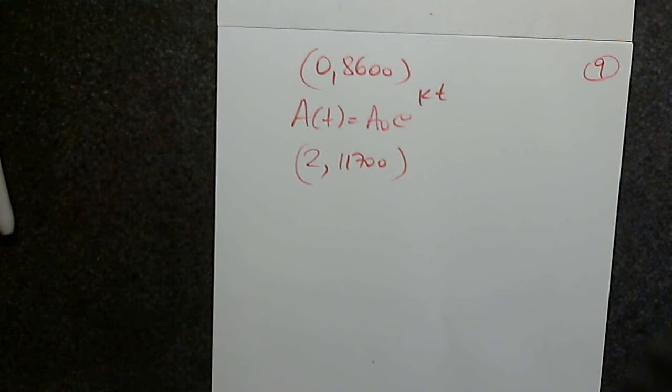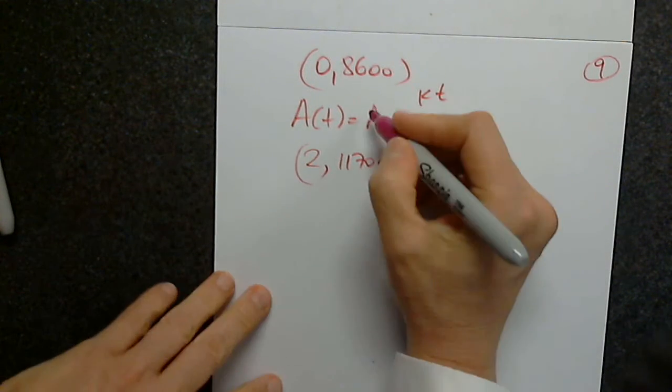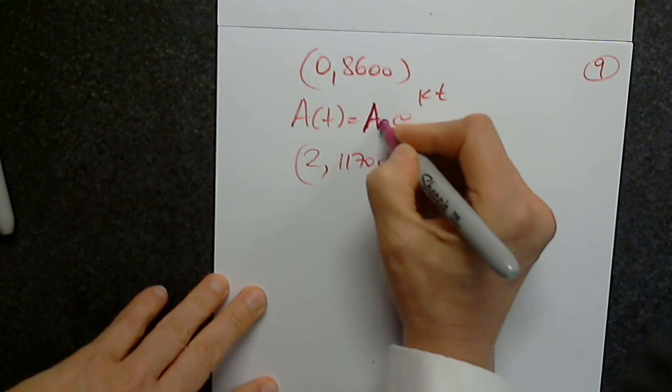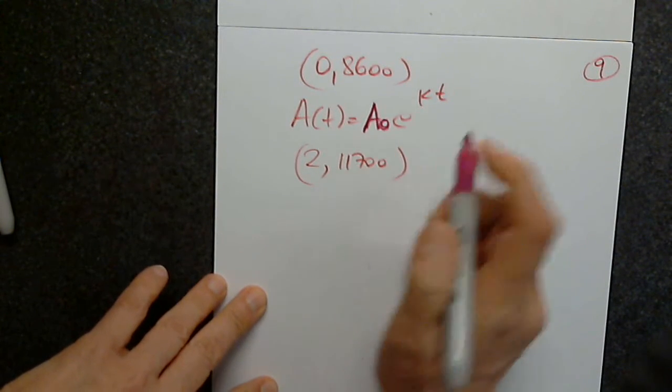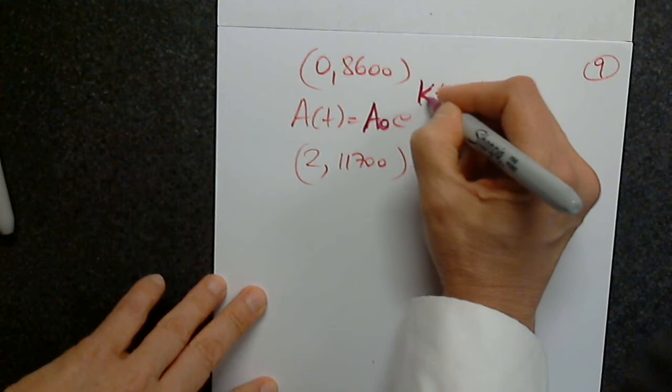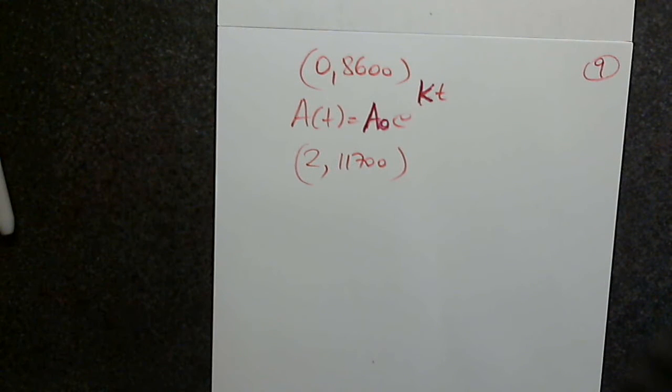First, I need to find the model. I do have two unknowns here. This is one unknown, and this is the second unknown. But I do have two pieces of information that will help us find those two. So, what do I write?